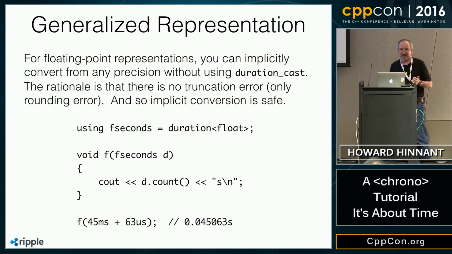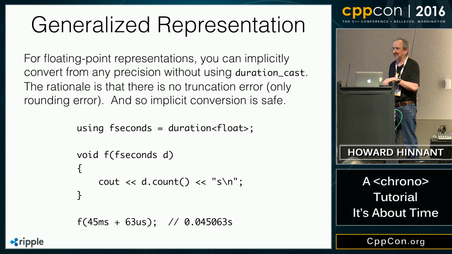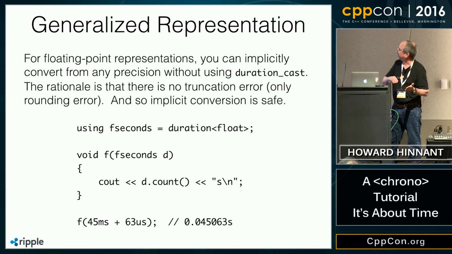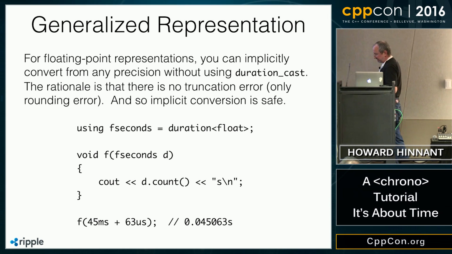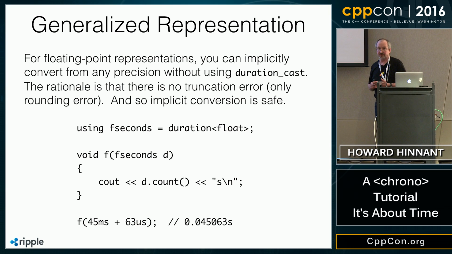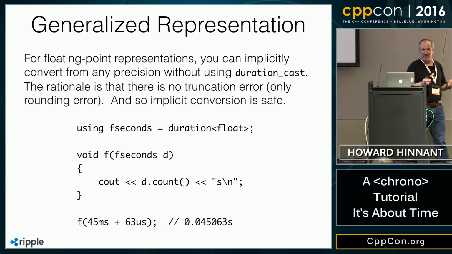And there are some interesting facts about using floating point types for your representation. Recall that I said if your conversion is lossless, i.e. if there's no truncation error, it should be allowed to happen implicitly. Well, if your destination is a floating point type, there's never going to be truncation error. There might be round off error depending on the precision of your floating point type, but there's never truncation error.